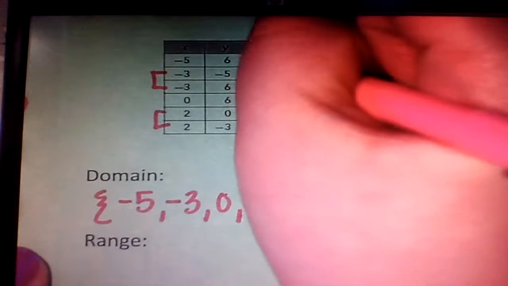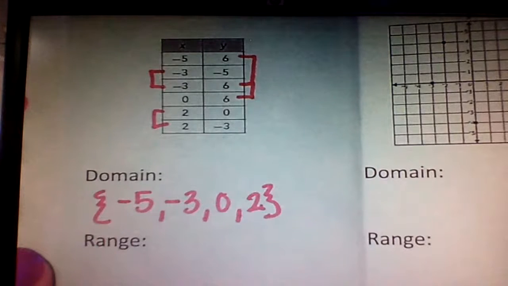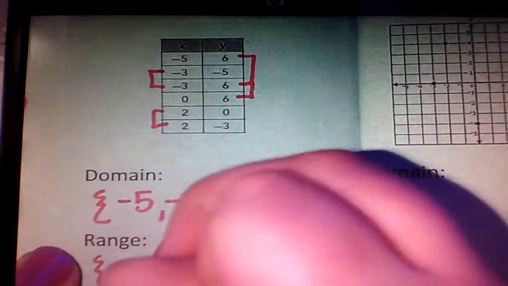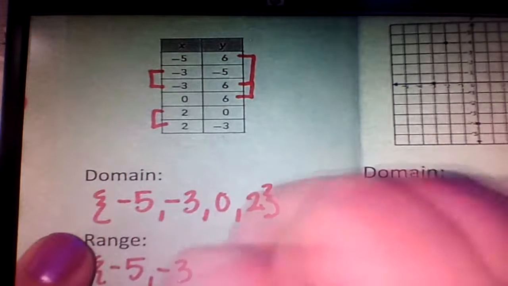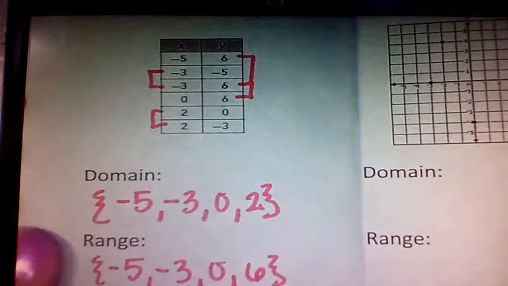On my y's, I have 3 6's listed. Again, I only need to list that once. So my range here is -5, -3, 0, and 6.